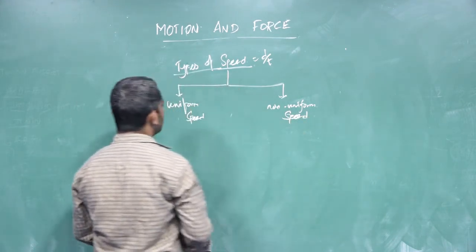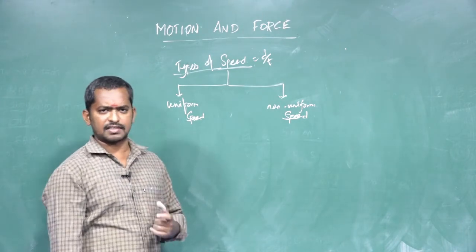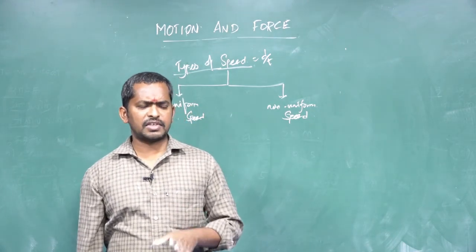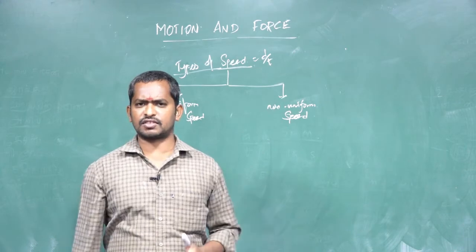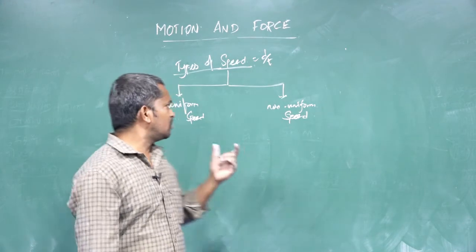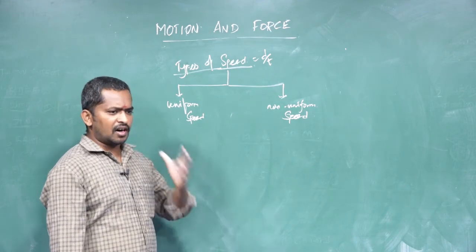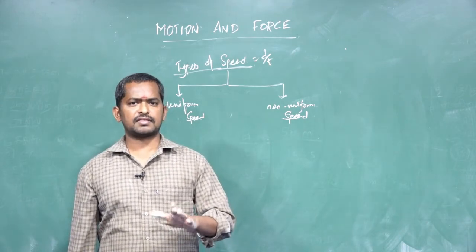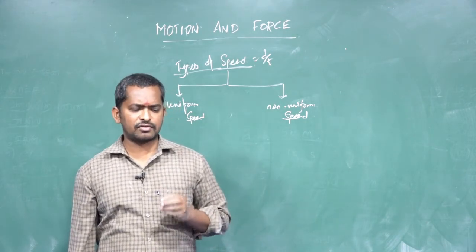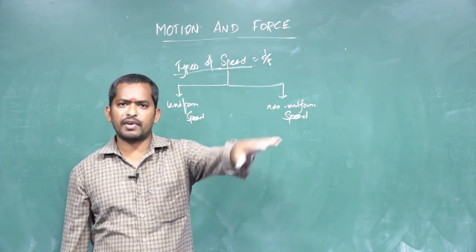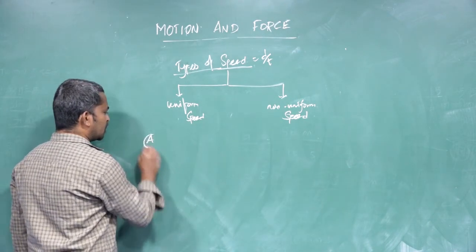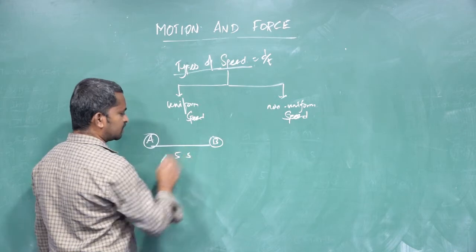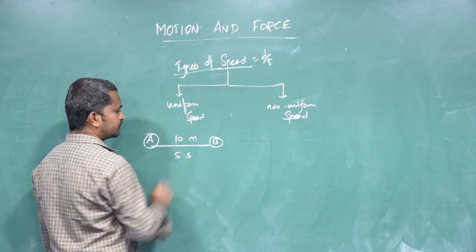What do you mean by uniform speed? When the object covers equal distance in equal intervals of time, it is called uniform speed, which means the object covers the same distance in each and every second. For example, the object starts at point A and reaches point B in 5 seconds, a distance of 10 meters.